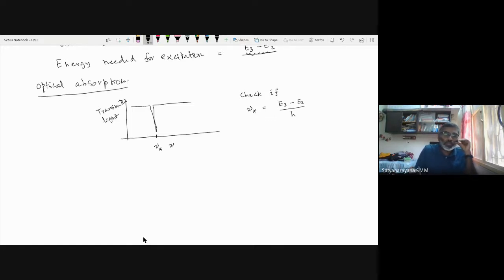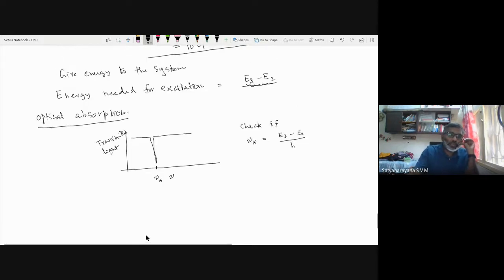If this frequency is the same as the frequency required, then your model is correct. If not, then the model is not correct. It turns out that, to a very good accuracy, optical absorption shows that this model is correct for this molecule.